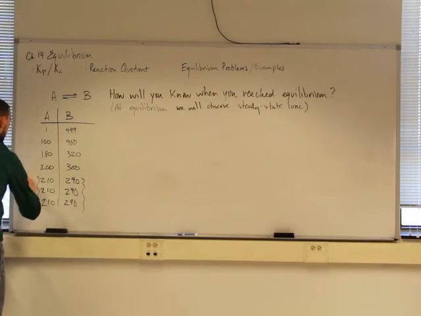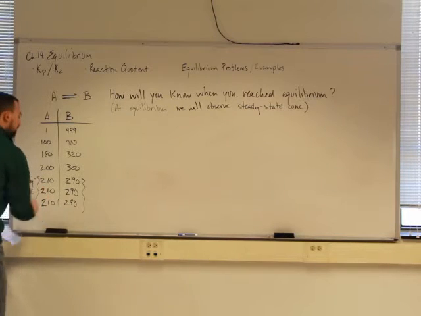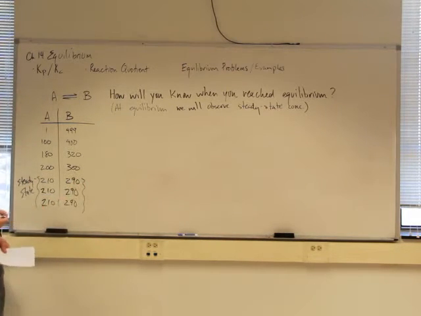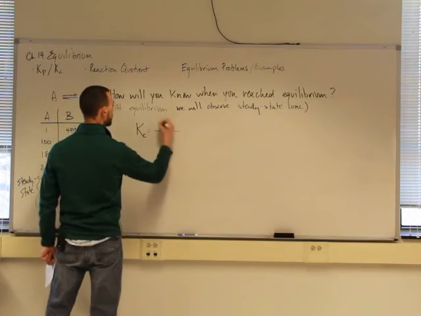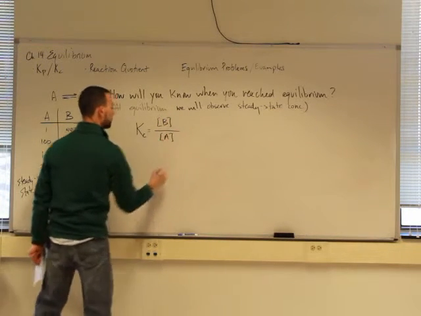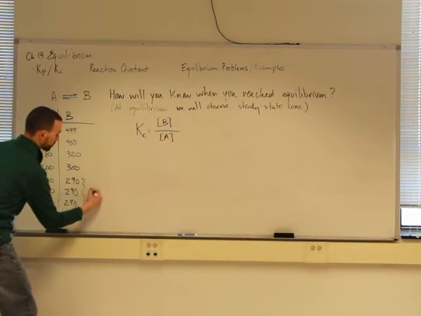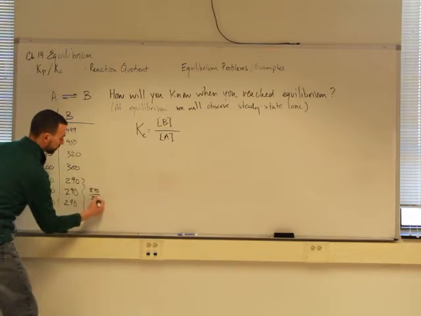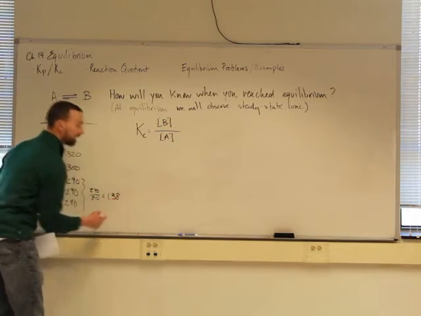So this is my steady state. These concentrations are no longer changing. Now the equilibrium constant of this reaction would be the concentration of B divided by the concentration of A. So down here, that would be this 290 divided by 210, which is 1.38.